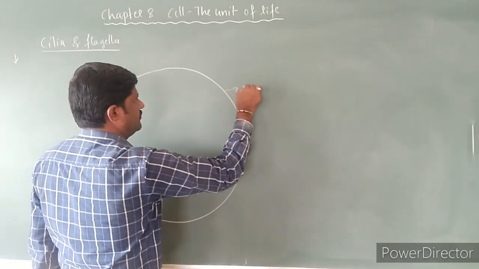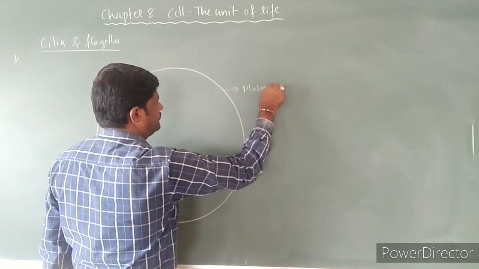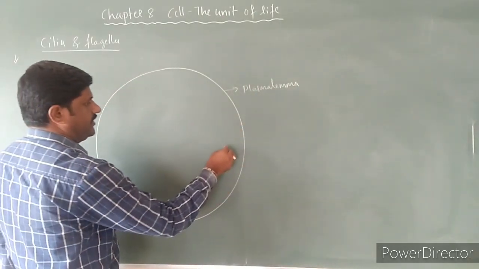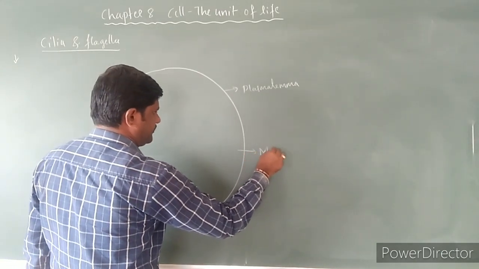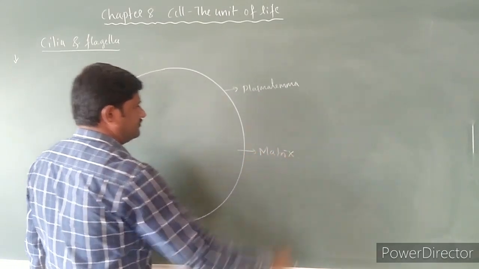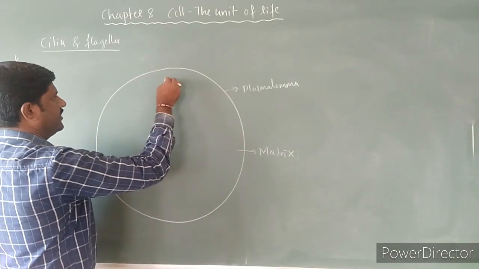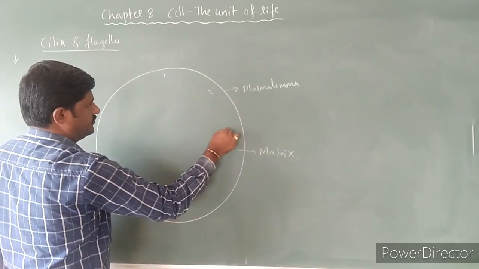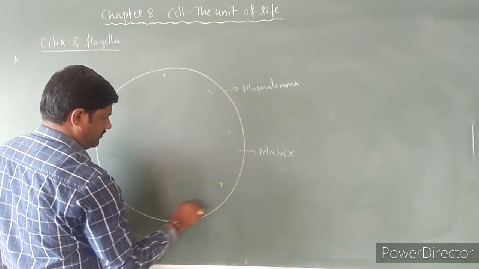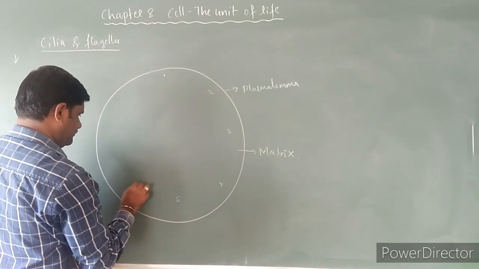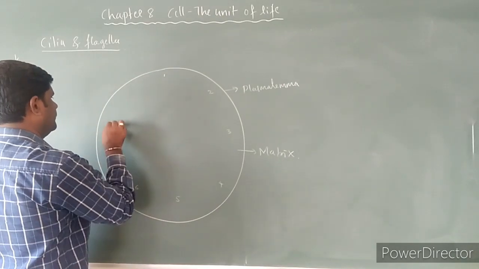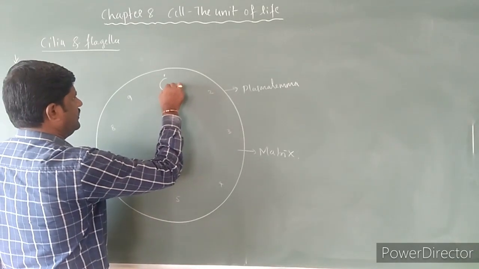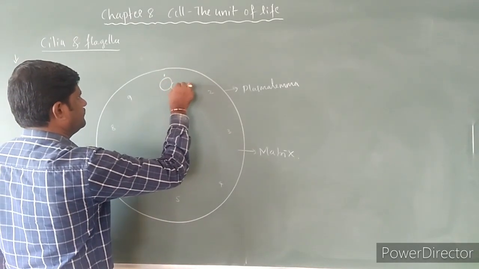This is plasma lemma. Inside this there is a matrix, and we will come across 9 doublets: 1, 2, 3, 4, 5, 6, 7, 8, 9. See here, 9 doublets will be drawn.